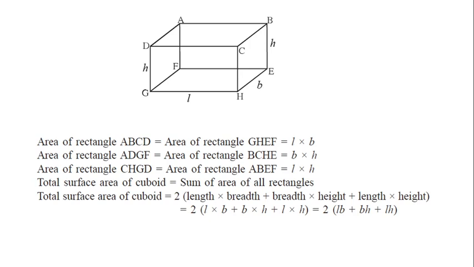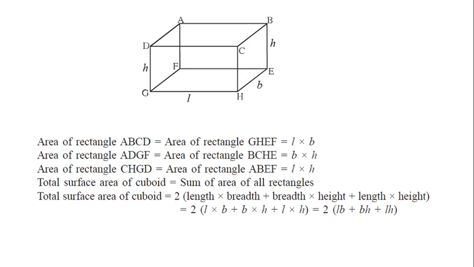The sum of all the areas of the 6 faces is called the surface area of the cuboid or the surface area of a cube, depending on whether the structure is rectangular, then it will be a cuboid, or if the structure is square, then it will be a cube.